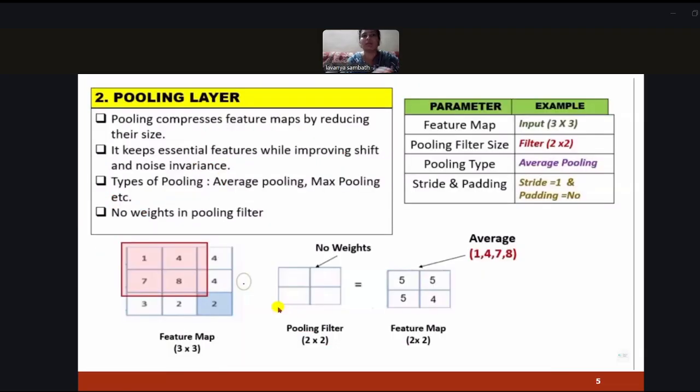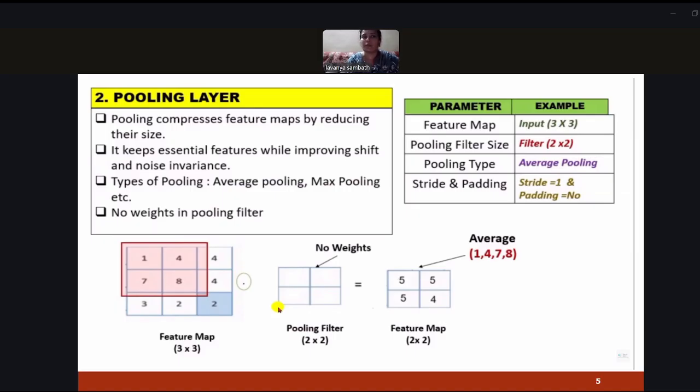Next you'll have the pooling layer. The purpose of the pooling layer is to reduce the size of your feature map. From the previous layer we have a feature map, and on top of it you apply a pooling filter. Based on the size of the filter, you get a reduced feature map.